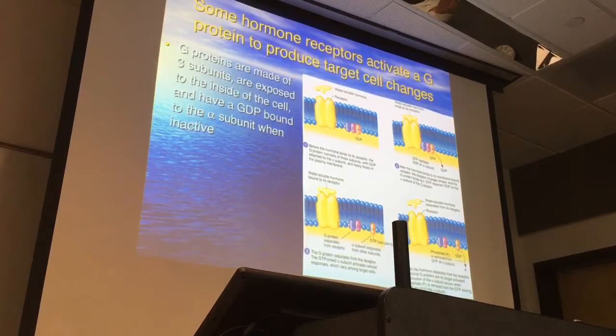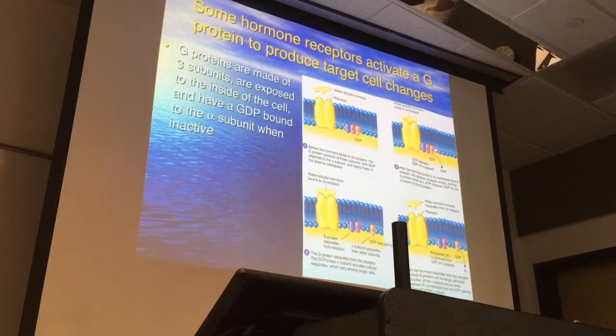So, when the hormone binds the receptor, then the G protein will attach to it. And then the GDP is replaced by a GTP after it's bound. GTP binds, displacing the GDP. This is all done by changing the conformation of the molecules.